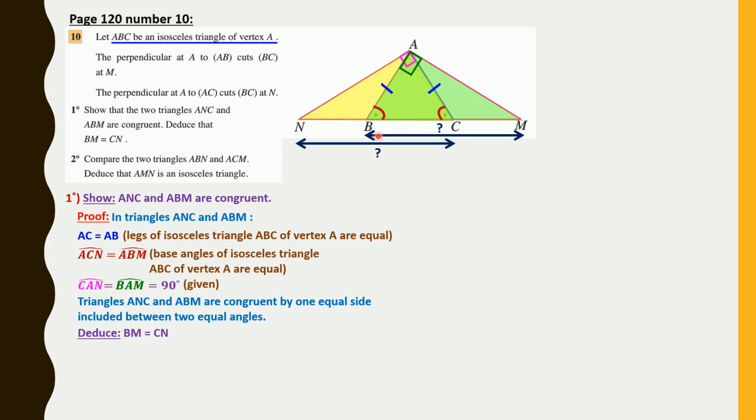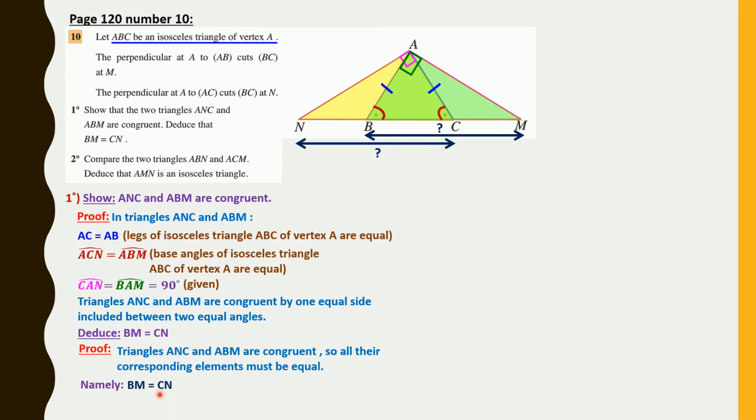So as a result, these two segments are equal because they represent corresponding elements of these two congruent triangles. Proof: triangles ANC and ABM are congruent, so all their corresponding elements must be equal, in particular BM equals CN.